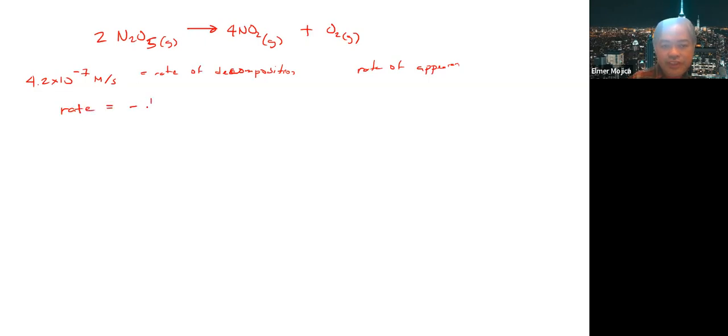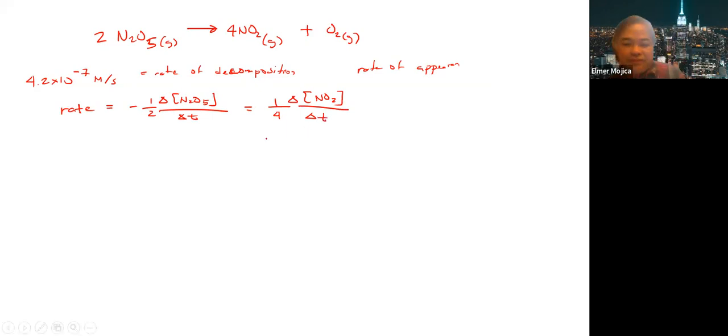So if you're going to look at the rate here, so this one is negative 1/2. And for every 1/2 that is decomposed there, you have what? 1/4 of the NO2 that is formed. So if you're going to simplify this one, paano gagawin natin? So you're going to find a number wherein you can simplify them.